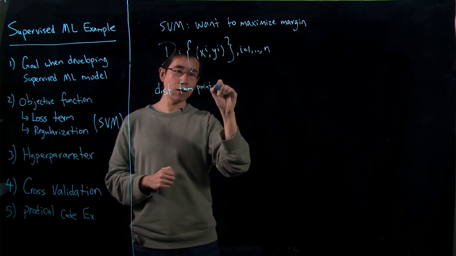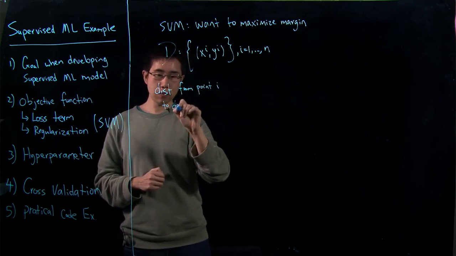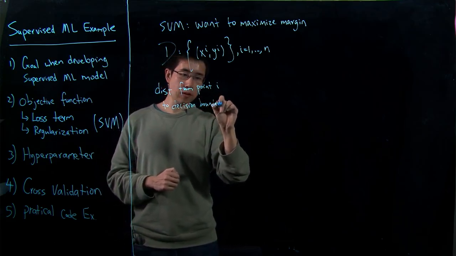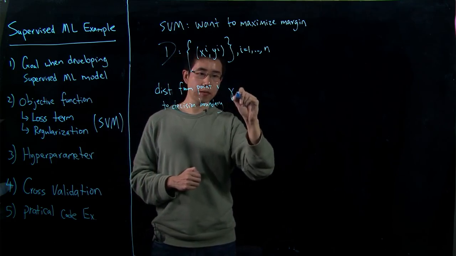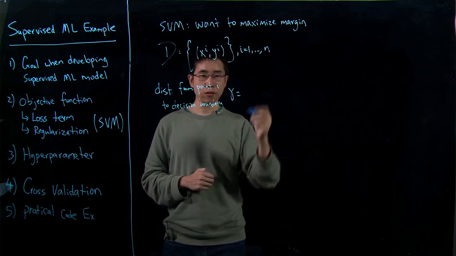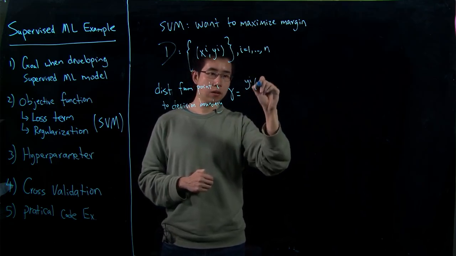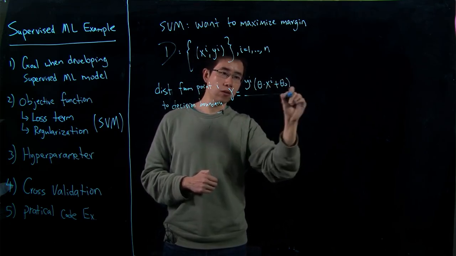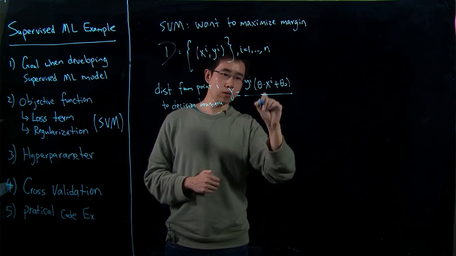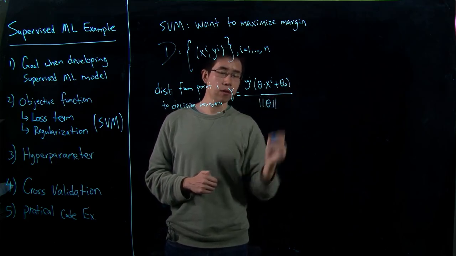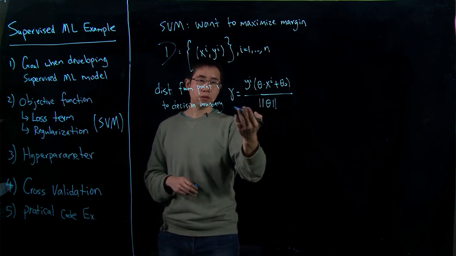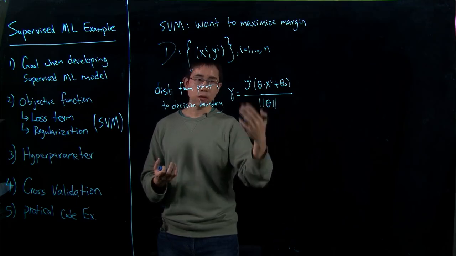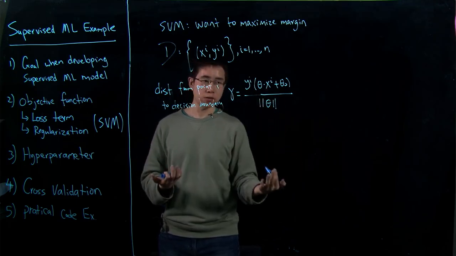Let's call that gamma. This gamma is equal to yi times theta dot xi plus theta naught, over the norm of theta. So this gamma represents the distance between each of the points in D and the decision boundary.